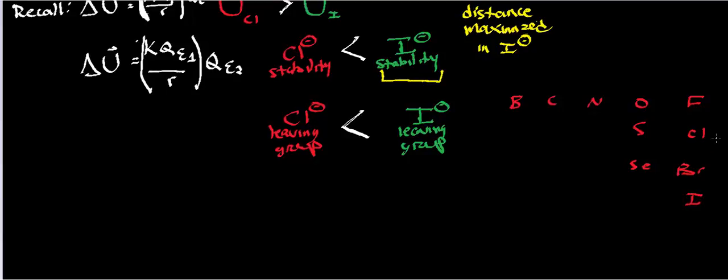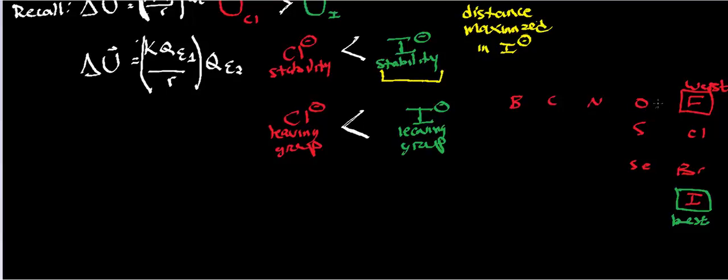Well, the worst leaving group is the one that's the least stable as an anion or just by itself. The least stable one, according to what we just talked about, is the smallest one. So that means this right here is the worst leaving group, which means which one's the best? Well, it's clearly the largest one. Iodide is the best leaving group because it's the most polarizable. It's the largest, has more space to spread that electron density out, spread charge out.